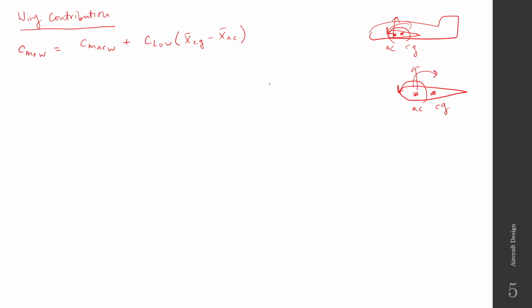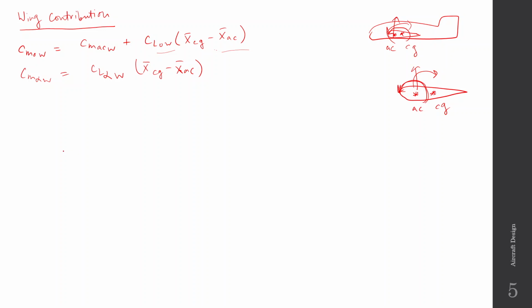So both of these things we have to add. The CMAC comes from this section, and the lift creates this second term, Cl naught wing into this. And Cm alpha wing is equal to Cl alpha wing into x bar Cg minus x bar AC.